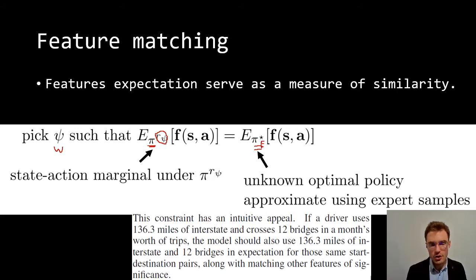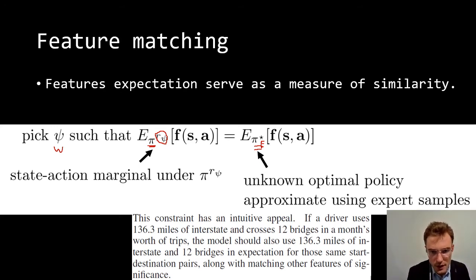And just to mention, in this initial paper, there was a good illustration of the features. It was observing taxi cab drivers, and they were crossing bridges, driving on certain roads and so on.